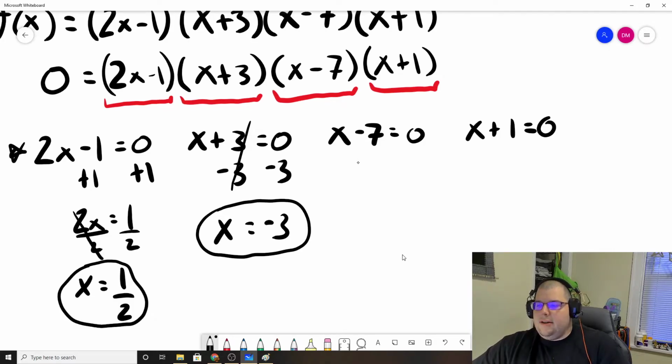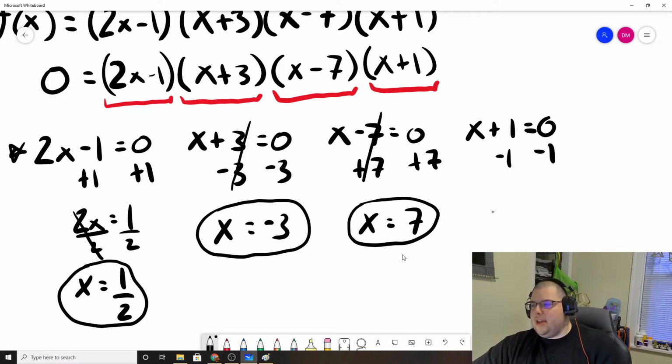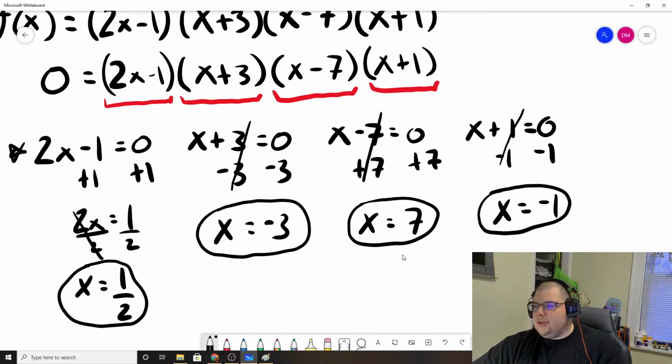And then for the next one, I do the opposite of -7, so I'm adding 7 to both sides. -7 and +7 cancel, which is what I want, leaving me with just that x, and 0 plus 7 gives me 7. And then the very last one, I want to get rid of that +1 to get x alone, so I subtract 1 from each side. +1 minus 1 cancel, leaving me with the x, and 0 minus 1 is -1, and so that's my last zero.